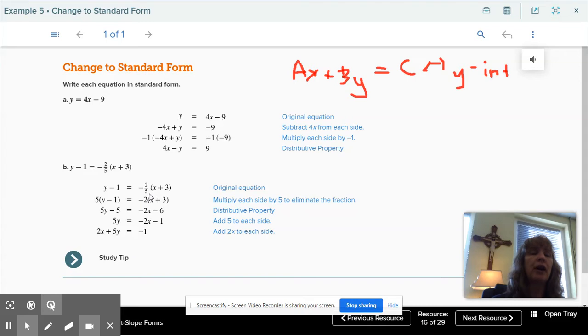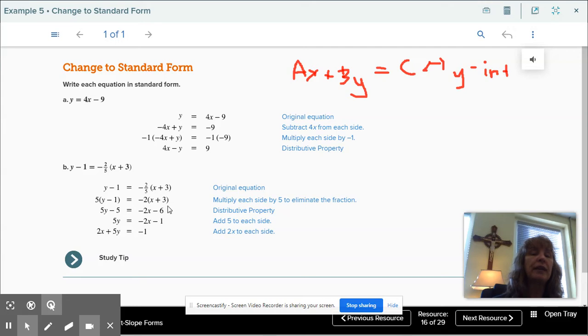Not distribute, I'm sorry. You're going to multiply both sides by 5 because you want to get rid of this denominator in a fraction. So whatever you do to this side, you have to do to that side. And they multiplied it by a positive 5 because opposite of negative is positive. So multiply 5 by this side and multiply 5 by this side. All this does is get rid of the denominator.